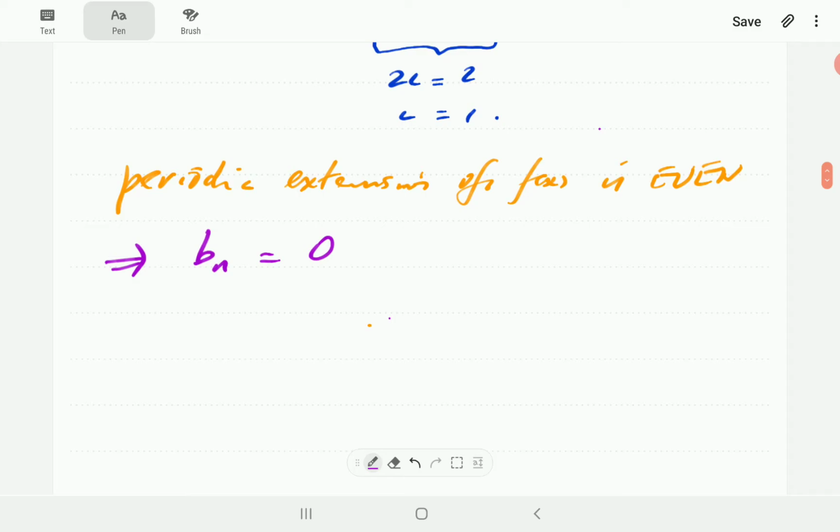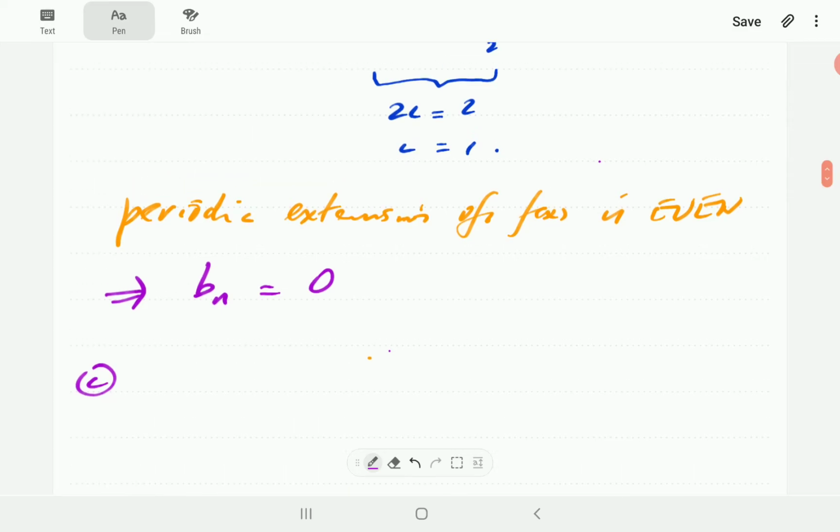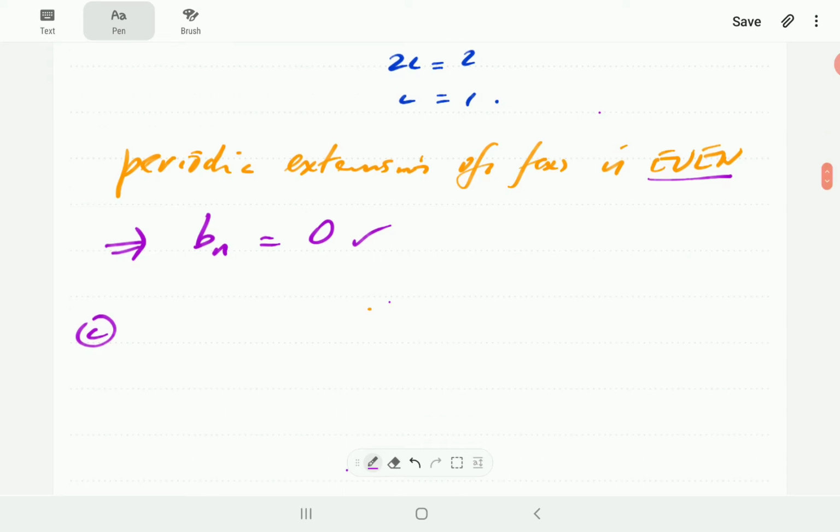So when it comes to part C, we're just going to work out the values of the An's. If you are doing a test or exam on this, you're going to get the same amount of marks whether you use this fact and just state that Bn is 0, correctly of course, or you go through the whole calculation for a page or two and then find that Bn is equal to 0.